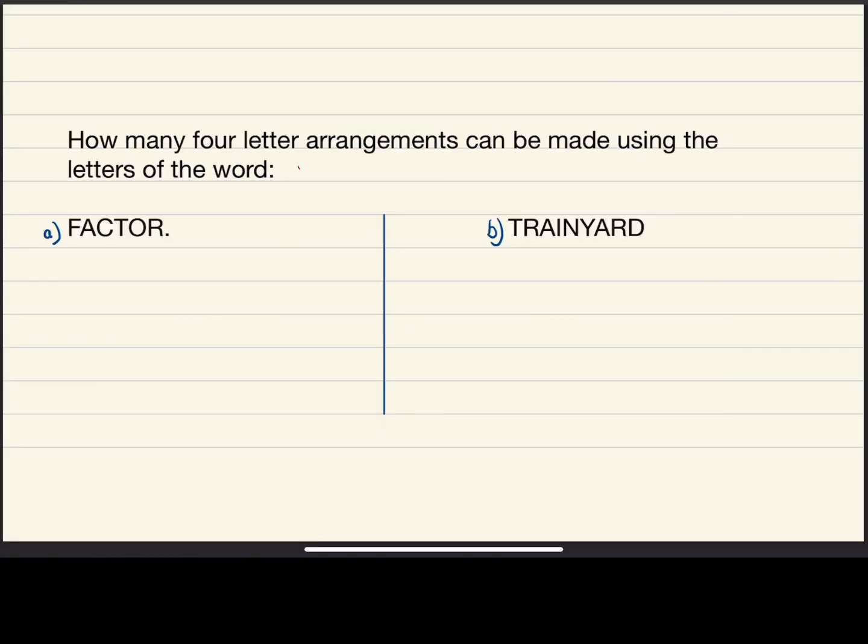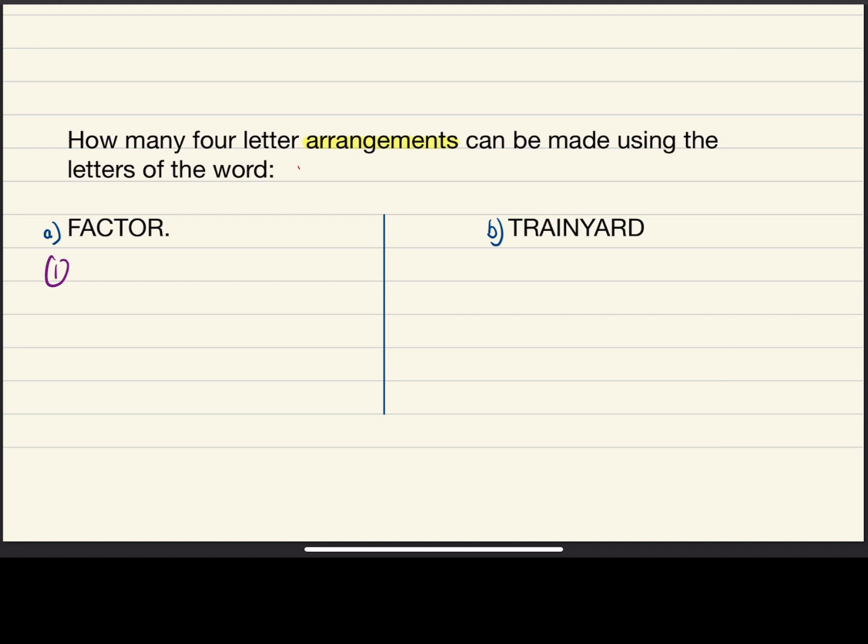For our next problem, it reads: how many 4-letter arrangements can be made using the letters of the word factor, and then the second one, train yard. Again, the word arrangements tells us that this is a permutation. As we stipulated before, the first thing we do is identify how many objects we are choosing from.